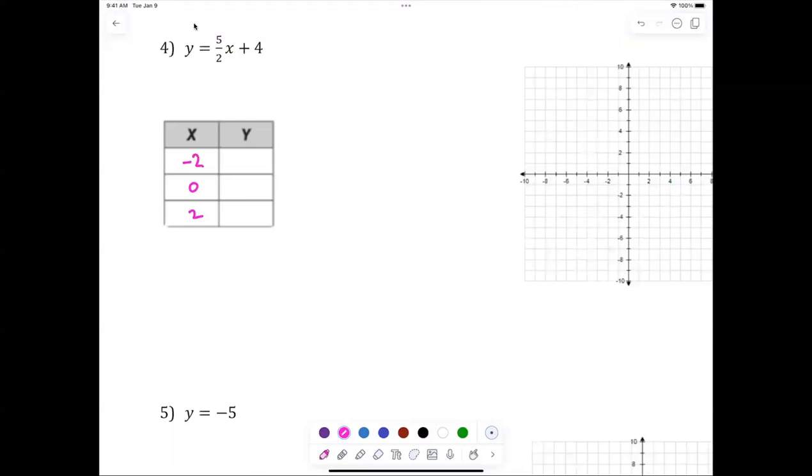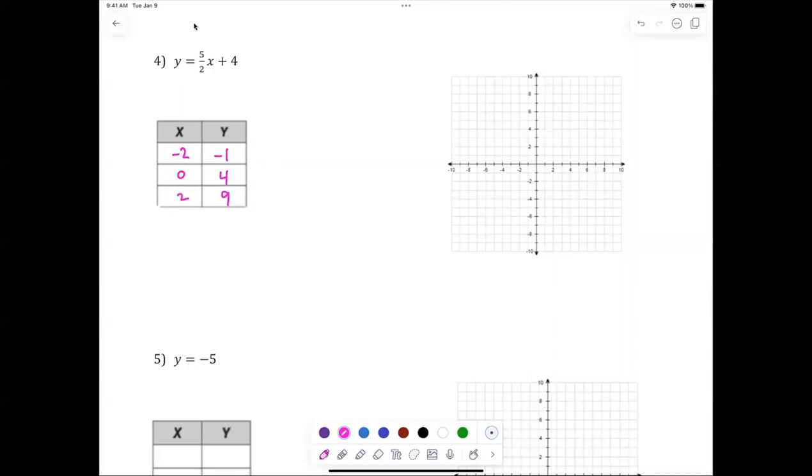All right, when we plug in -2, what do we get? -1. Plug in 0, 4, and plug in 2, 9. All right, now let's plot those points. -2, -1, 0, 4, 2, 9. And once again, they should all line up perfectly.